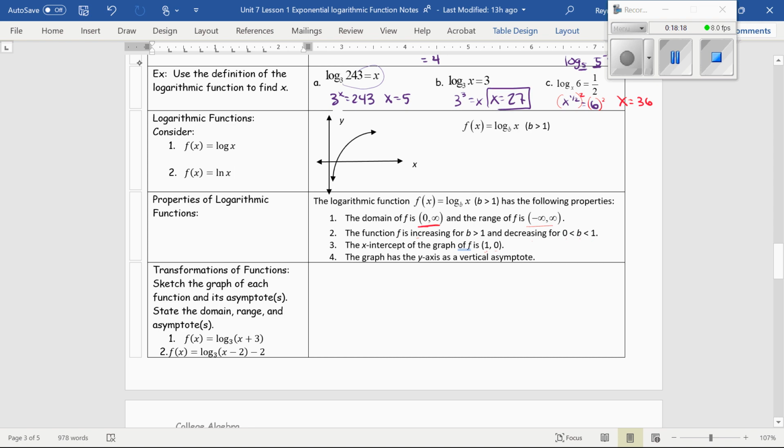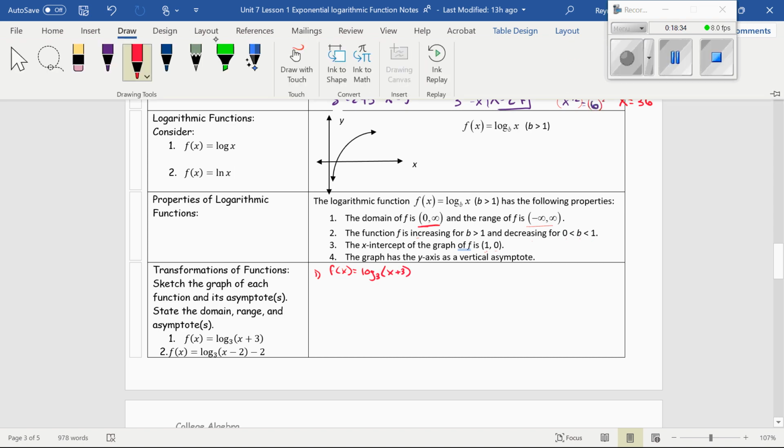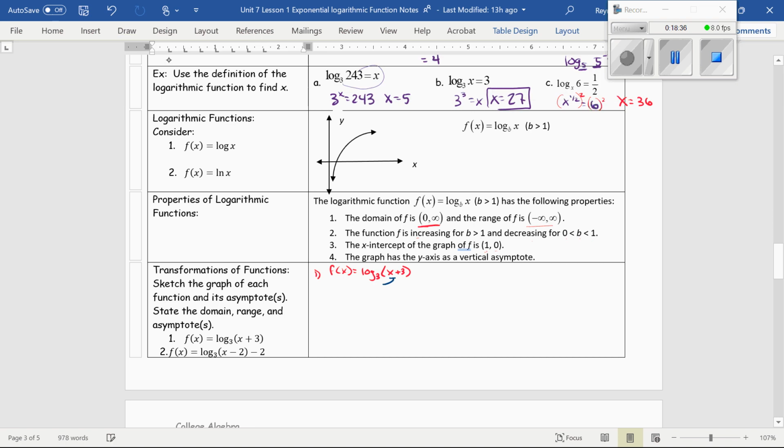The transformations, though, are going to be the same. Like if something is grouped with your x, as in here, where you have f of x equals log base 3 of x plus 3, then this is shifting to the left 3 from the original function.